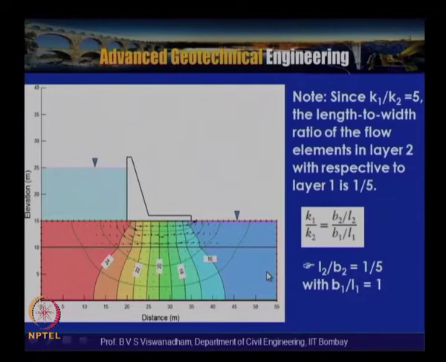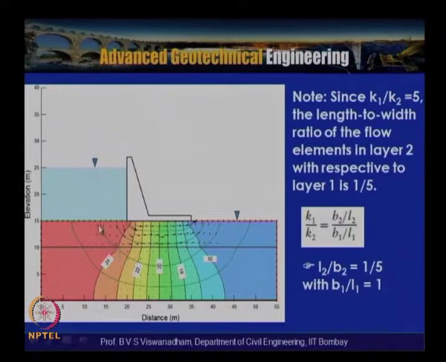Based on the conditions we discussed for non-homogeneous soil deposits, since K1 by K2 is 5, the length to width ratio of flow elements in layer 2 with respect to layer 1 is 1 by 5. Why? Because when you have two layers, K1 by K2 is equal to (B2 by L2) by (B1 by L1).